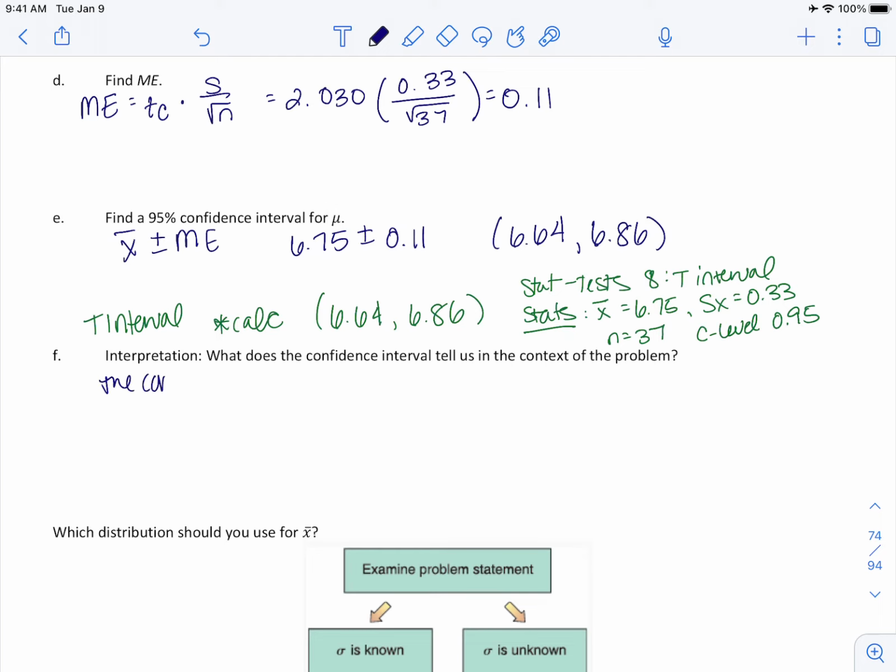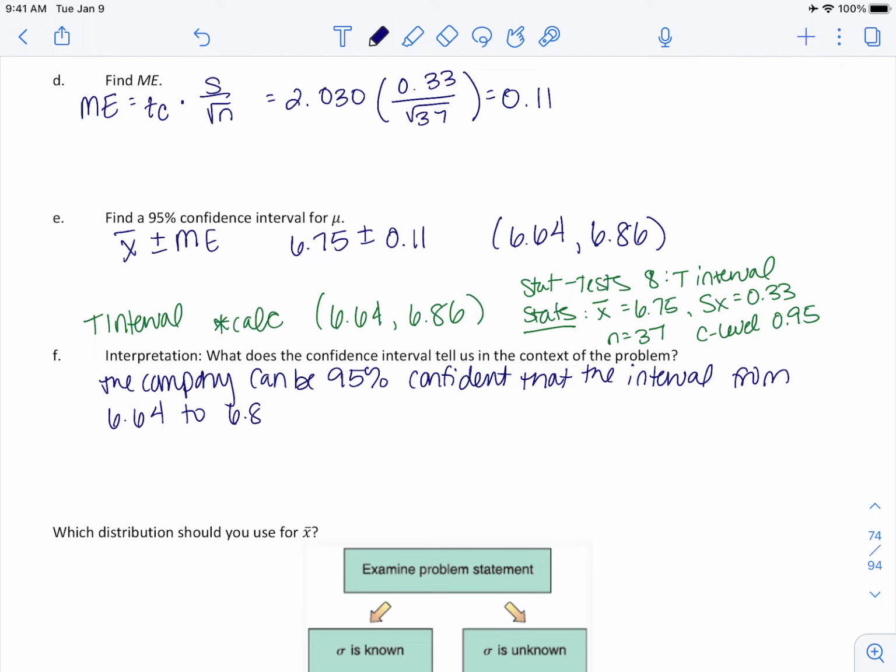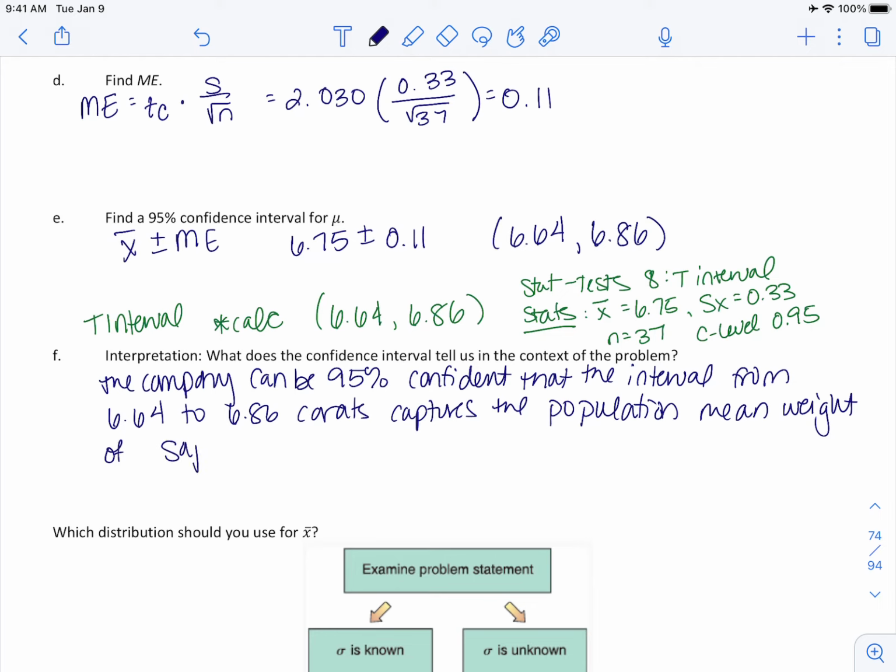So the company can be 95% confident that the interval from 6.64 to 6.86 carats captures the population mean weight of sapphires produced by the new process.